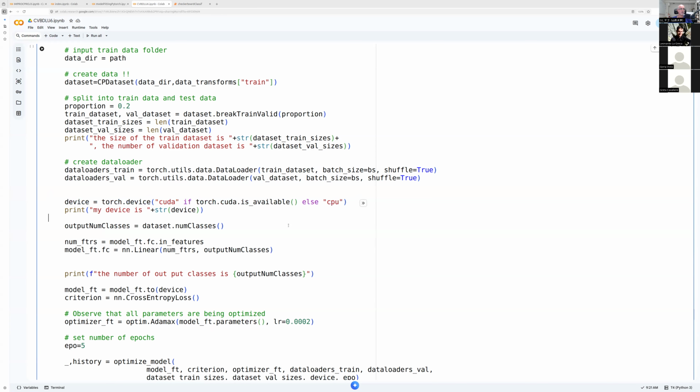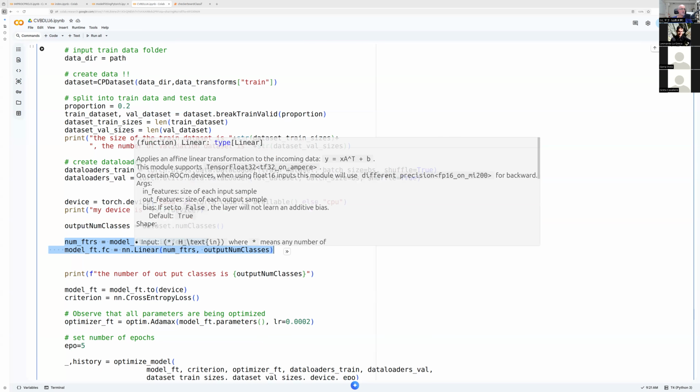Okay. Then I do a bit of a technical part where I define the optimizer, the loss. Okay. I put my model into the device. Yeah. I'm not stopping a lot on this. This is also important, but not crucial for beginners, but I'm just fine-tuning my model here. I read something that's called the number of features, which is the size of the output of the layer before last, and then I feed those.